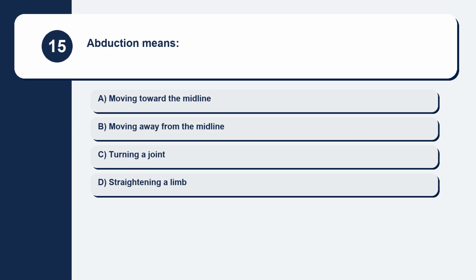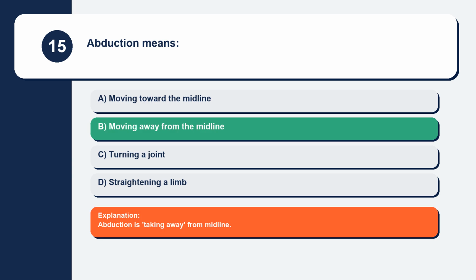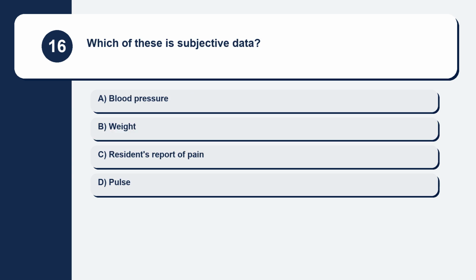Question 15. Abduction means moving toward the midline, moving away from the midline, turning a joint, straightening a limb. Abduction is taking away from midline. Question 16. Which of these is subjective data? Blood pressure, weight, resident's report of pain, pulse.